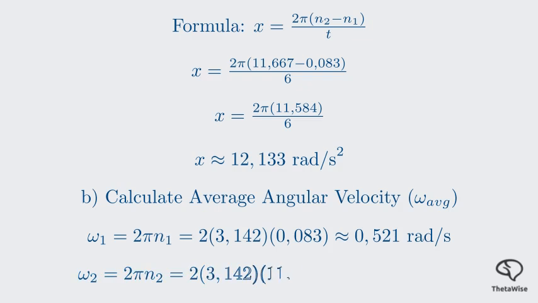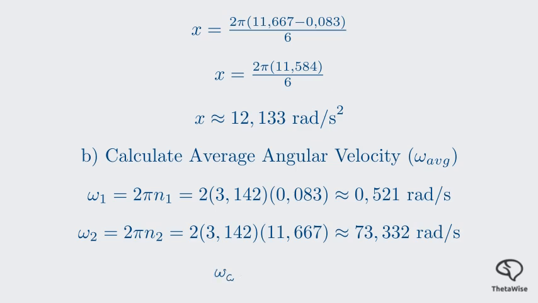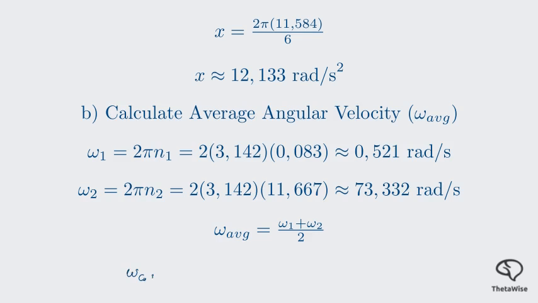That's 2 times pi times 11.667, which is 73.32 radians per second. Now we can calculate the average angular velocity. Omega average equals omega 1 plus omega 2 divided by 2. Plugging in our values, we get an average angular velocity of approximately 36.927 radians per second. This is the constant angular velocity that would produce the same angular displacement.